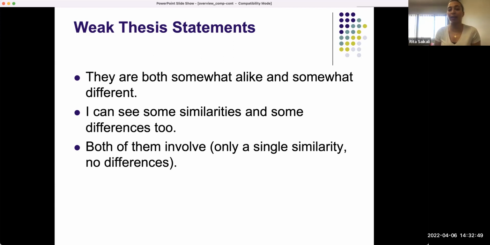So saying something like they're both somewhat alike and somewhat different doesn't really cut it. Saying I can see some similarities and some differences too also doesn't cut it, because again, we are too general. Both of them involve one similarity and one difference, right? Whatever it is, okay? Those are weak thesis statements.